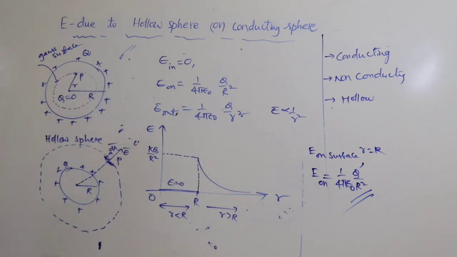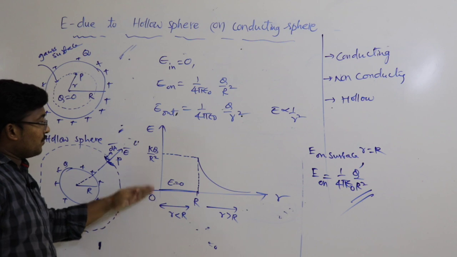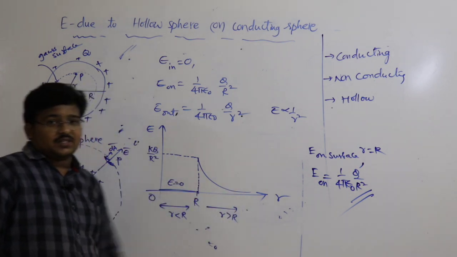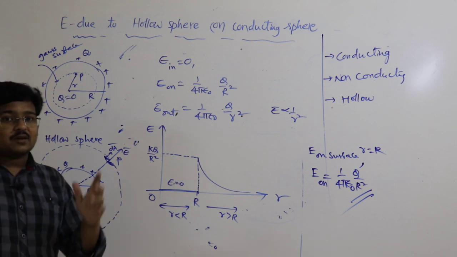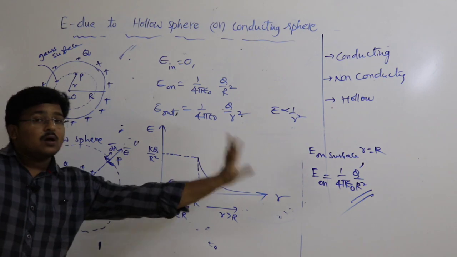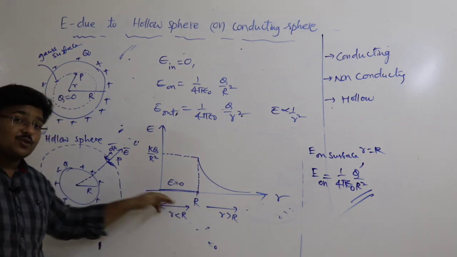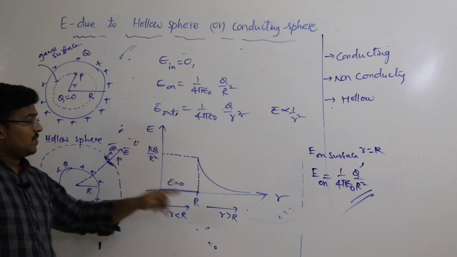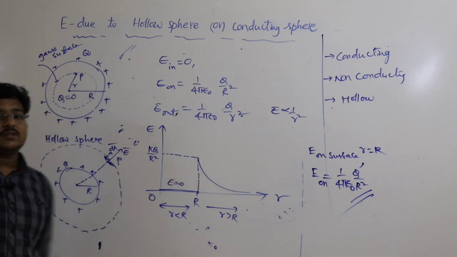So this is the graph between electric field and the distance from the center of the sphere. This is inside, this is on, this is outside. Inside the field is 0, that is why I draw the x-axis, on the surface it is maximum, and from there it decreases. Okay?